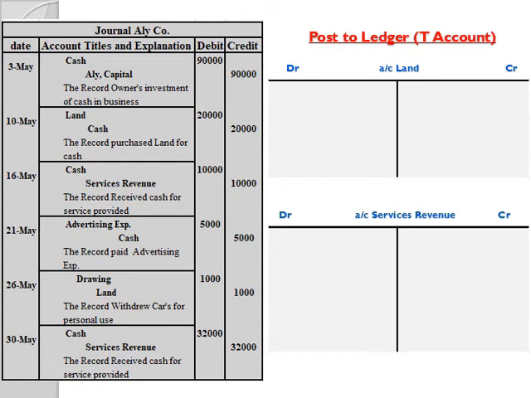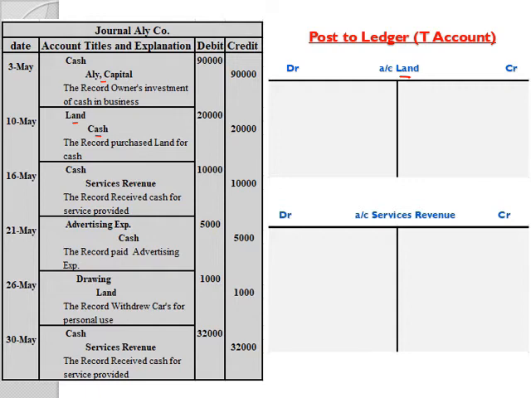Post to ledger, the land T account. Land is a fixed asset, meaning assets' normal balance is debit. We search for land in the entries. Entry number 1, cash to capital, has no land. Entry number 2, land to cash: land is recorded in the debit side.